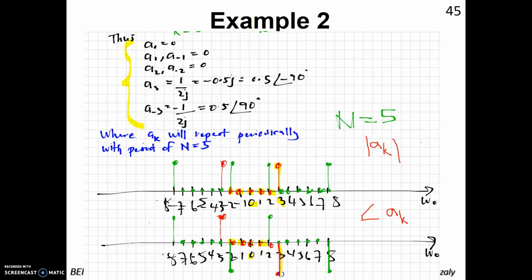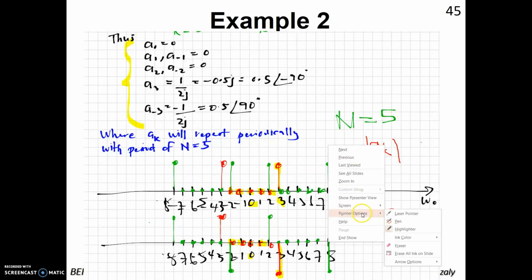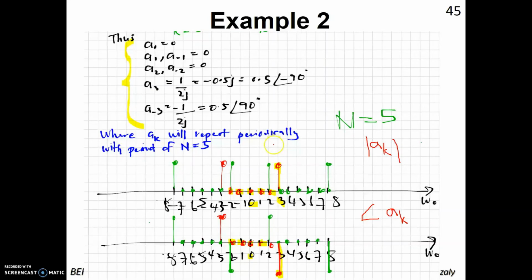Don't forget to always write out the magnitude. So the magnitude will be 0.5, and the phase will be minus 90.